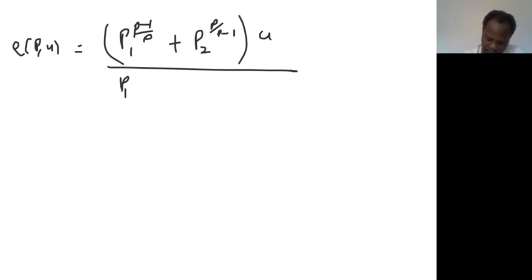The U. So I can say the expenditure function of P and U is equal to P1 phi over phi minus 1 plus P2 phi over phi minus 1, all raised to the power 1 over phi, multiplied by U.